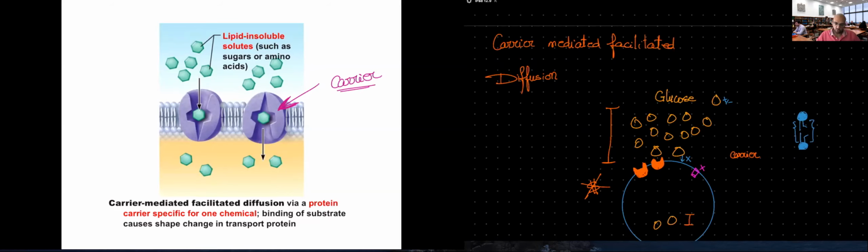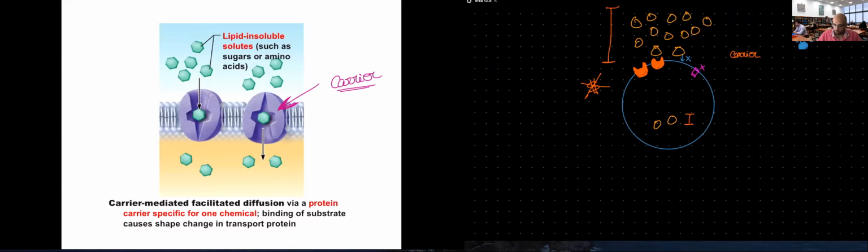So again, what did we mention so far? We mentioned that if I am transporting a solute from its high concentration gradient to its low concentration gradient, it doesn't require me to consume energy. It will take place on its own. This is a passive transport.